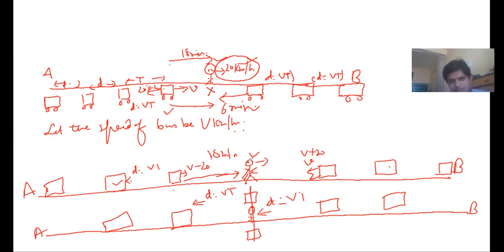This bus has crossed d distance in 18 minutes, and the same d distance has been crossed by this bus in 6 minutes.